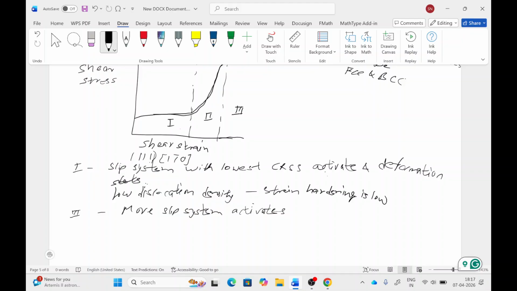The phenomenon which results in activation of those slip systems is the dislocation density increase. Dislocation density increases because of the more slip system activation, and deformation continues.